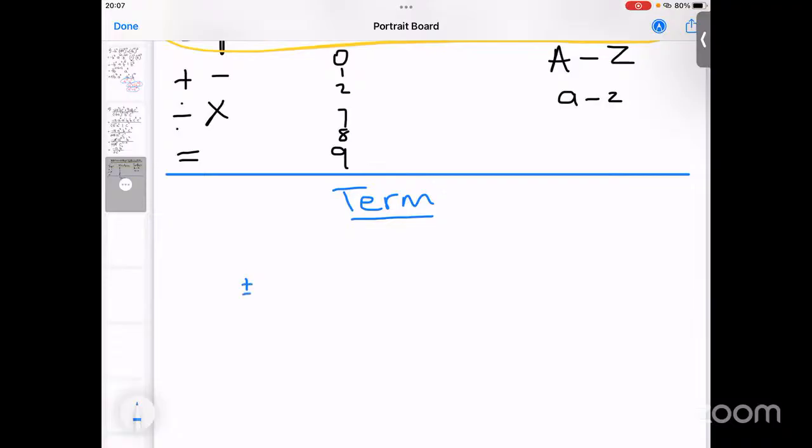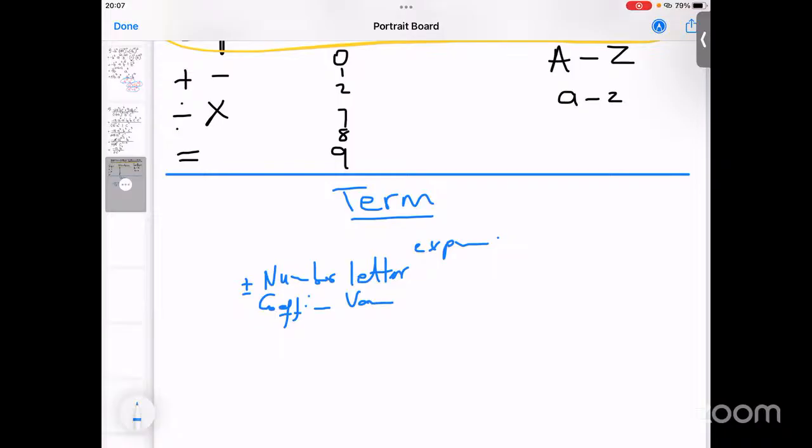And then after the sign, you've got a number. If you like, you can say a coefficient. So it doesn't really matter that much. And then what comes after is the letter. If you like, you can just say variable. And lastly, we can say an exponent. So this should be the structure of a term.